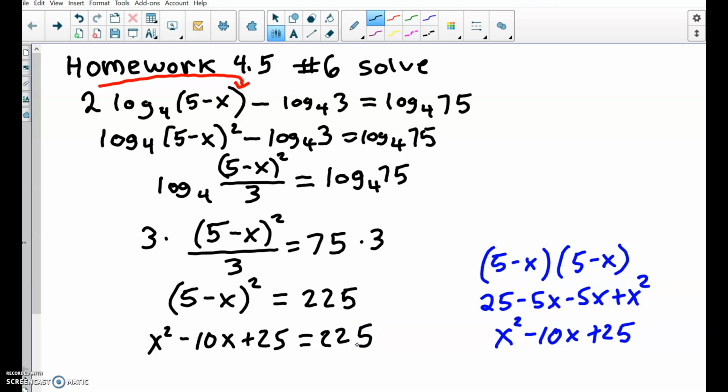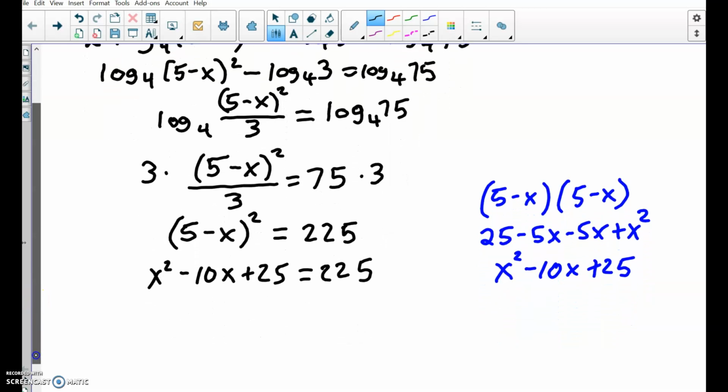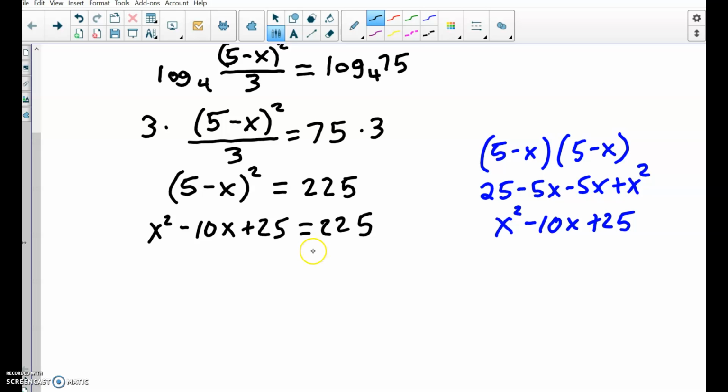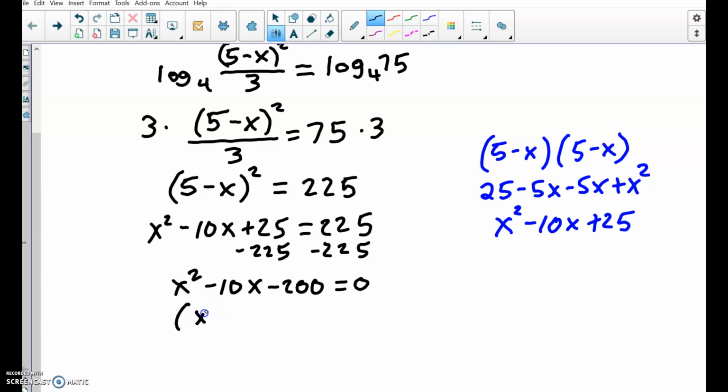Okay, so we have a simple quadratic that we need to solve. So we're going to set it equal to 0 by subtracting 225 from both sides. So we'll get x squared minus 10x minus 200 is equal to 0. Then we can go ahead and factor that, and we get an x and an x equals 0.